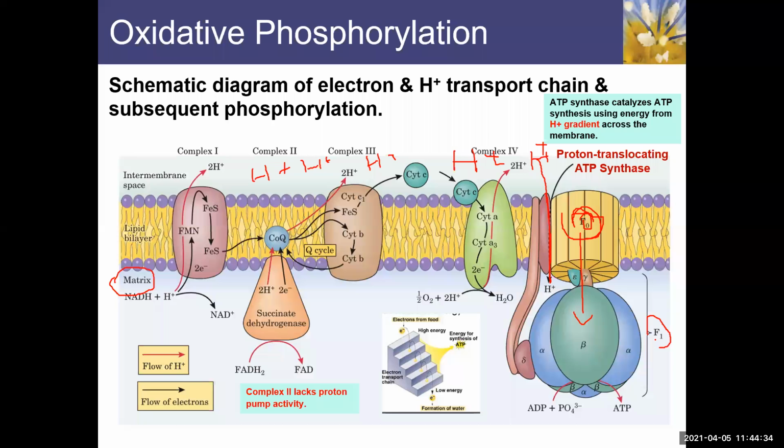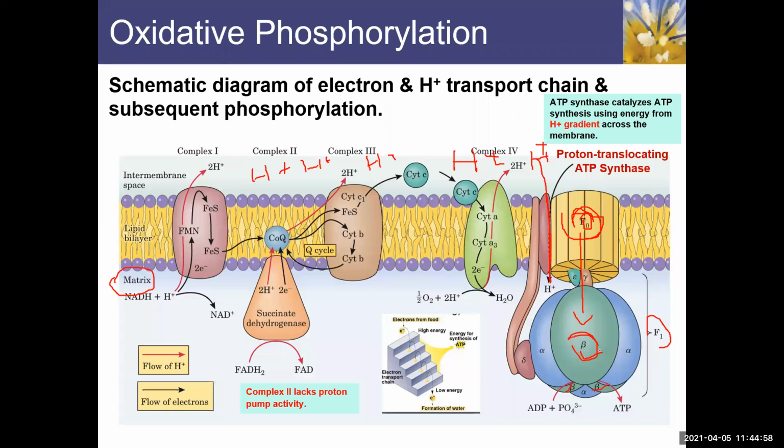What are those three subunits? This beta, and this beta, right? So rotation of the F0 will cause a conformational change, which will further produce a change in the beta subunit of the F1.